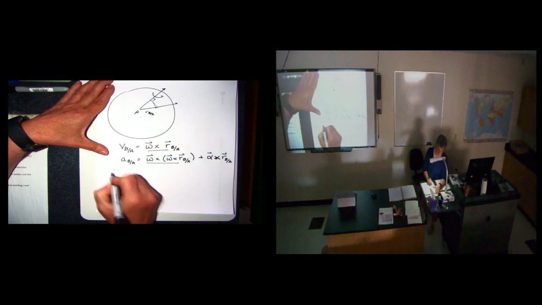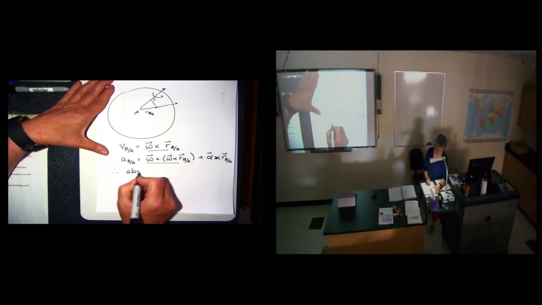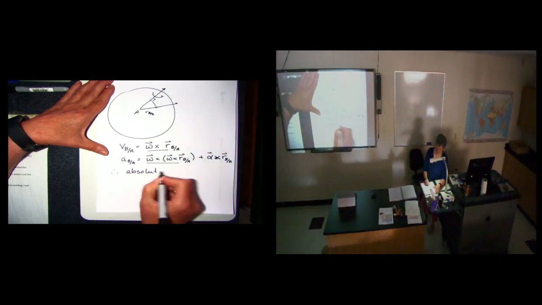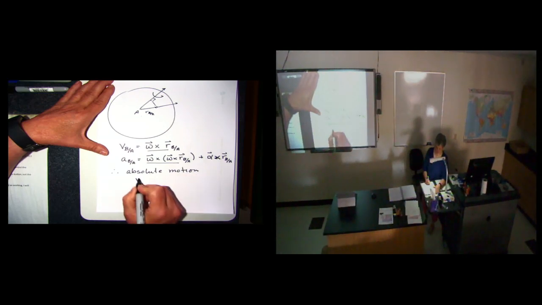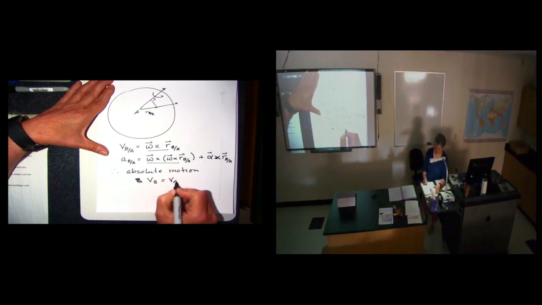And remember that the absolute motion, so if I look at the absolute motion of B, it's going to be the velocity of A plus my velocity B to A. And if I look at the absolute acceleration, I'm going to get my acceleration of A plus my acceleration B to A. So we get that relative motion.